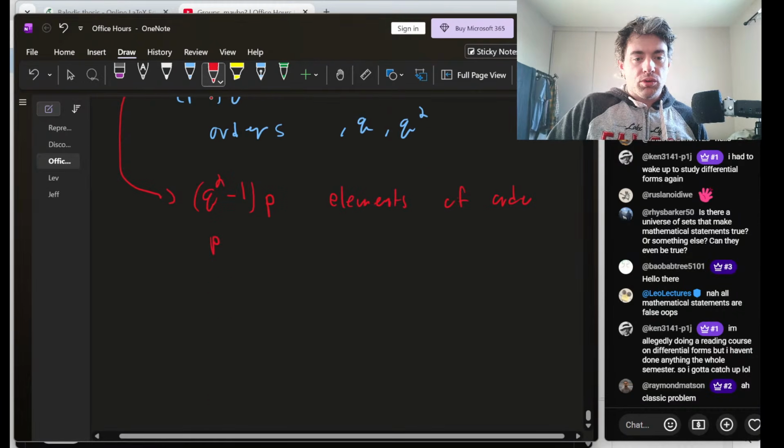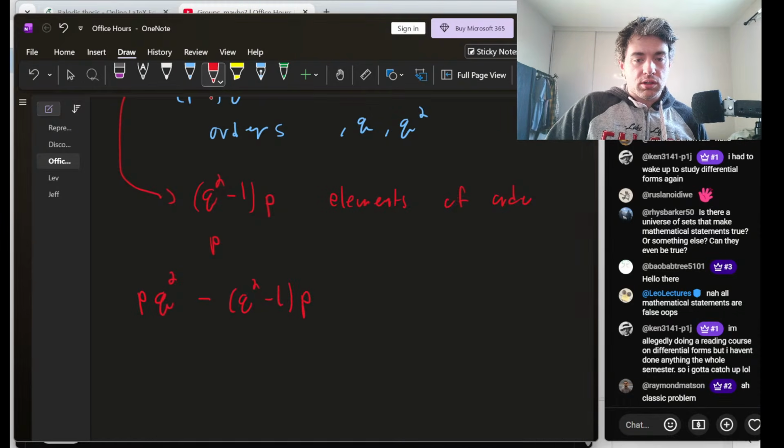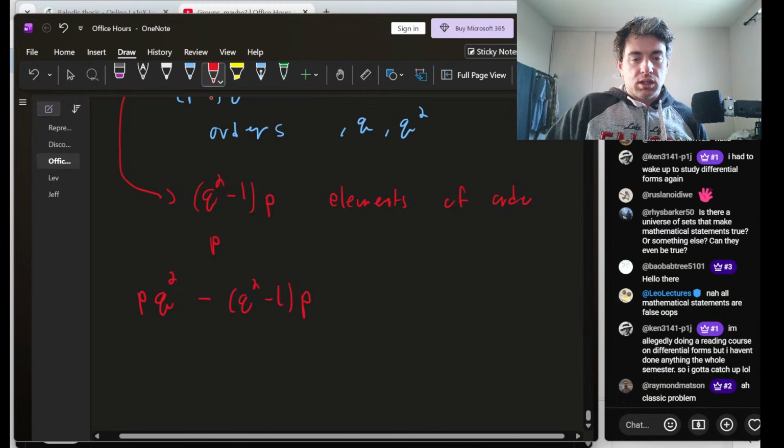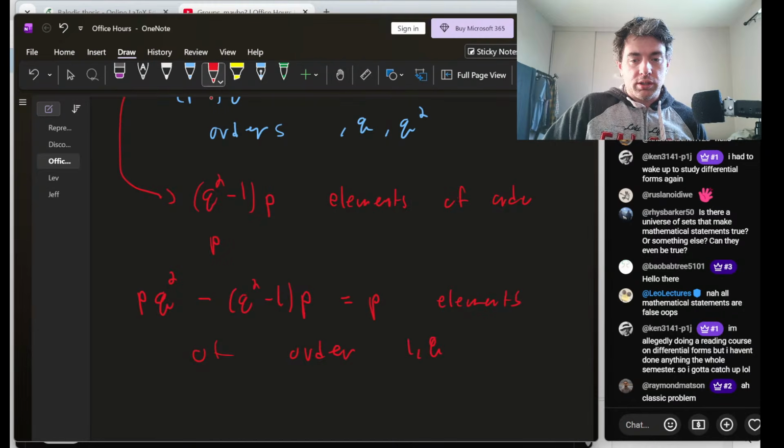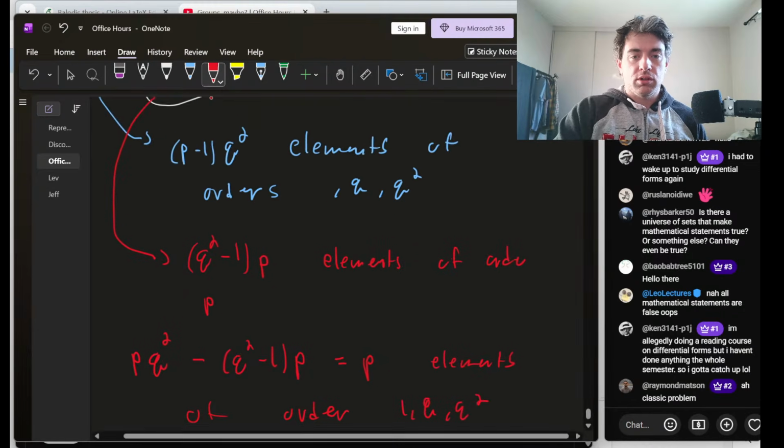And so that means that we would have p times q squared minus q squared minus 1 times p, which would be p elements of order 1, q, or q squared, right?